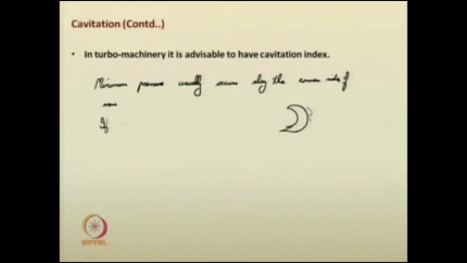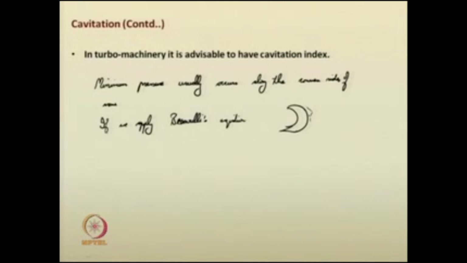If we apply Bernoulli's equation at a region where the water is about to become vapor, and subsequently downstream of that location, we can write P by rho g plus V squared by 2 g plus z at the location where vaporization is about to begin.